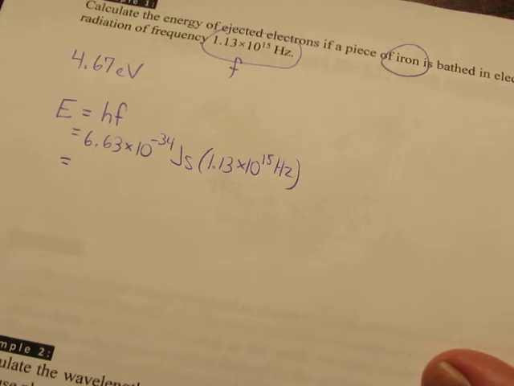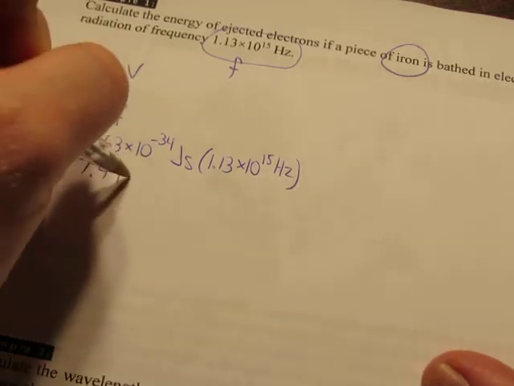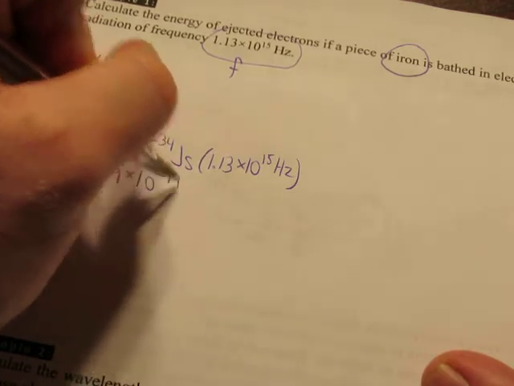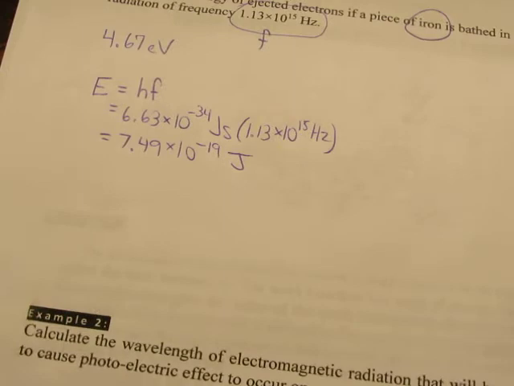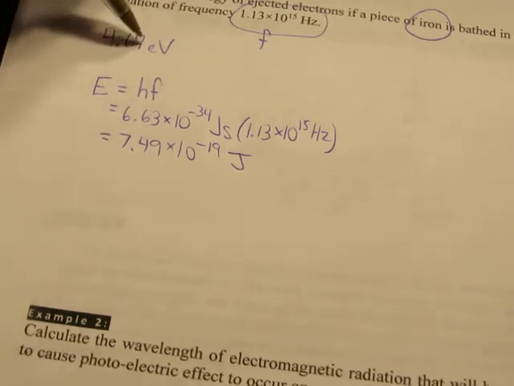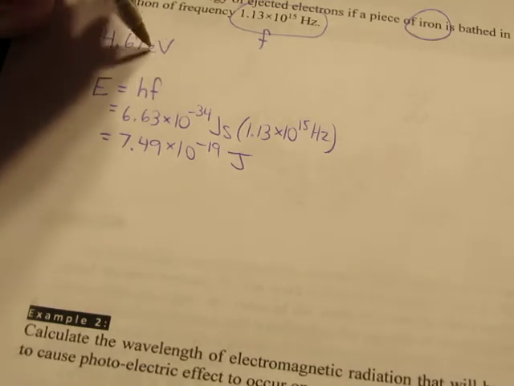But okay, so we've got 7.49 times 10 to the negative 19 joules. So some of that energy is going to get absorbed as work function in the actual iron itself. Iron is capable of absorbing 4.67 electron volts of energy. And again, there's a unit conflict here.